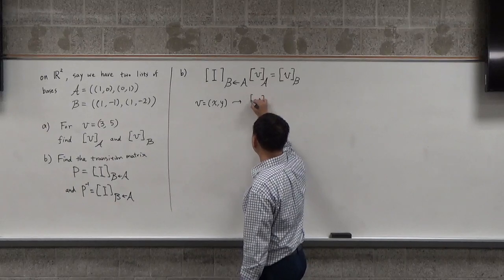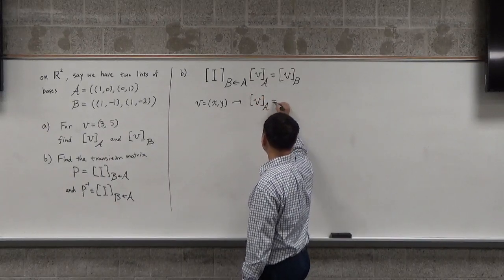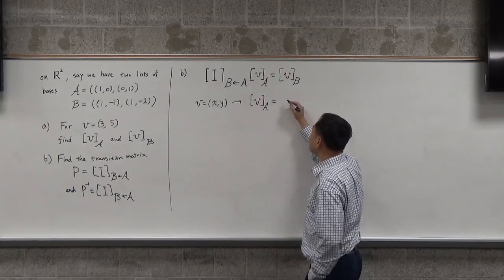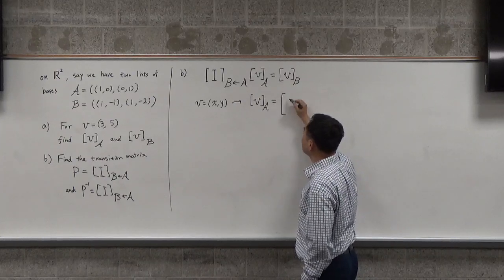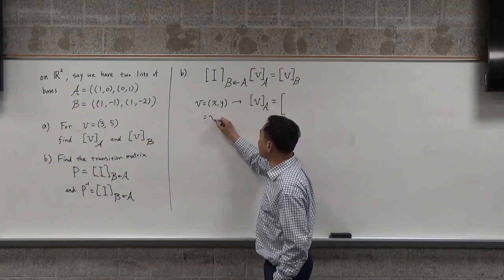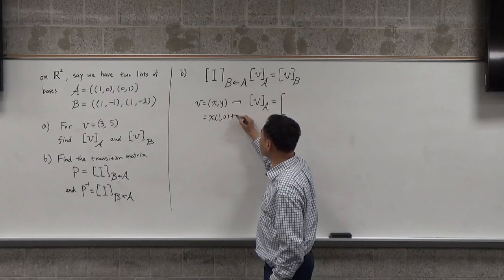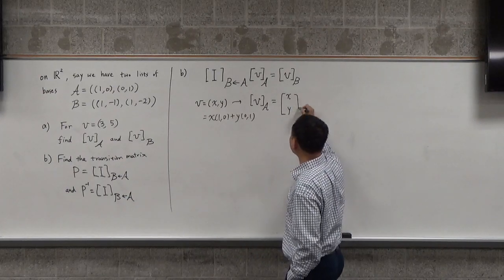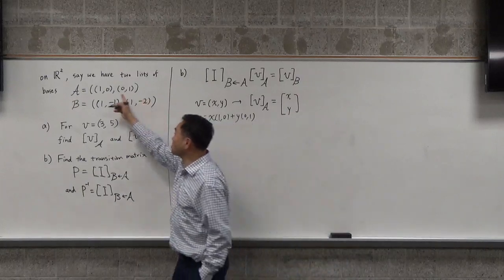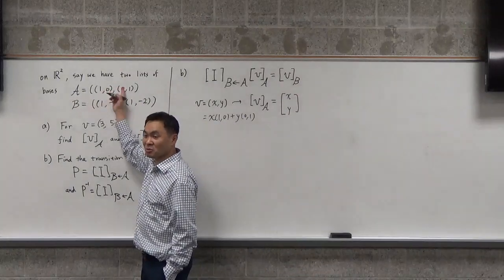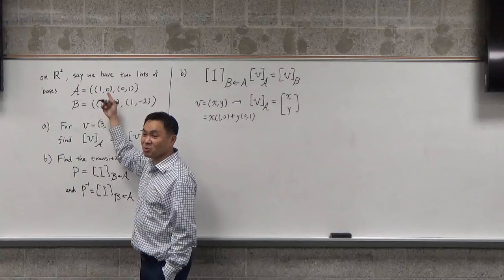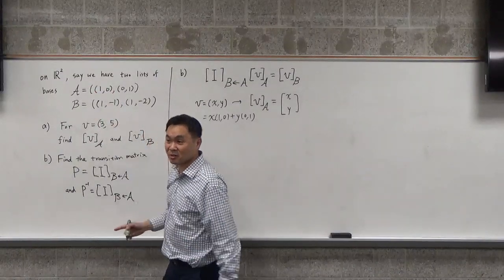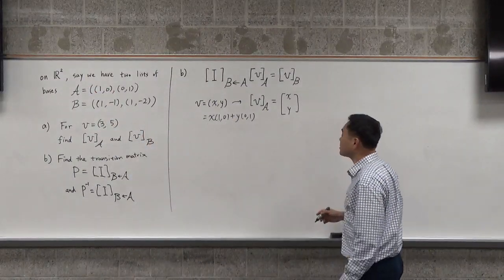V with A would equal to, well, this is same as x times 1, 0, and then plus y times 0, 1, right? So it'll simply be xy. And that's because this is a very simple set. Right? 1, 0, 0, 1. That's, in R2, that's called the standard basis. So that's not hard.